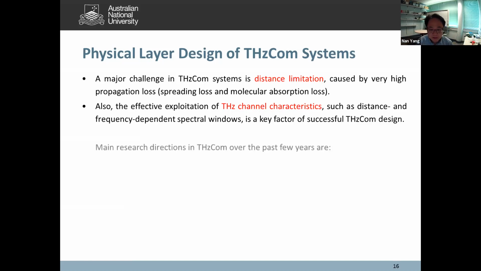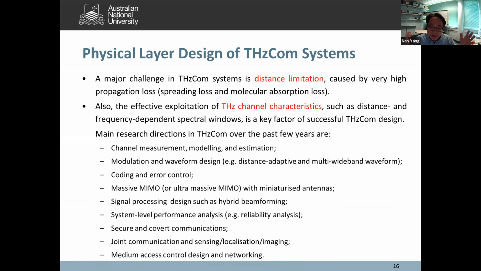And based on this, by summarizing the main research directions in terahertz communications, I have listed something here. Over the past few years, the main research directions in terahertz communications include channel measurement and modeling, modulation and waveform design, coding and error control, design of massive MIMO or even ultra-massive MIMO with signal processing such as hybrid beamforming, system level analysis, secure and covert communications, and joint communication with other functions like sensing and imaging.